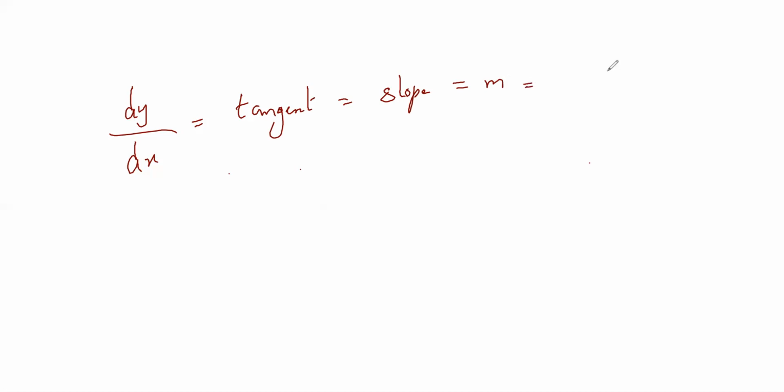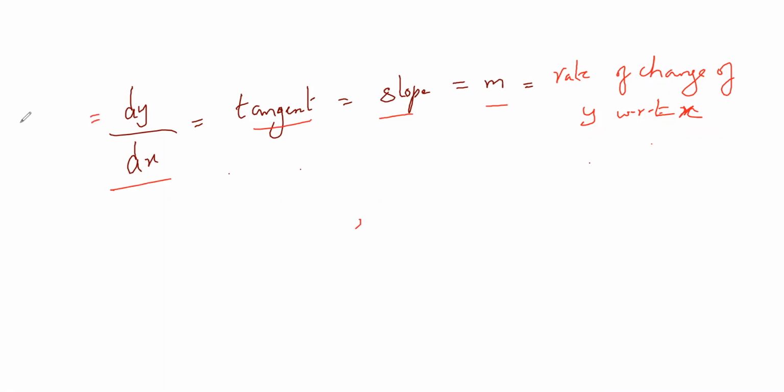Rate of change of y with respect to x. Rate of change. That's how, let's take in our own home, the gas traveling from the knob to the gas stove, correct? Yes, very good. So the rate of change, this is tangent, slope, m, dy by dx. One more name for this is what? Gradient.